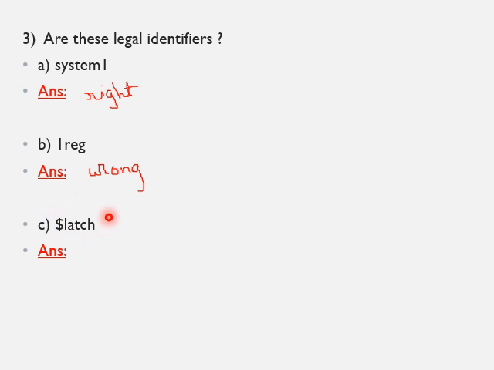Again, this is containing a special character. I've told in the beginning itself, the identifier name cannot contain a special character except for underscore. Next one, $exec. Again, same thing. It cannot contain a special character. So this representation is also wrong.